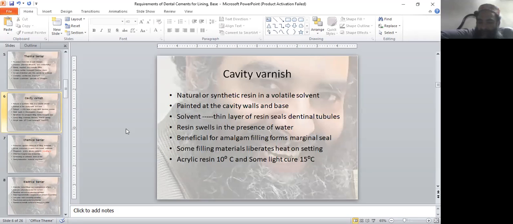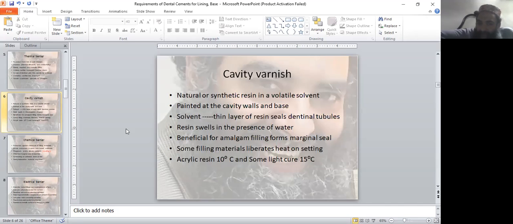Solvent goes to chase water as already described, and then it evaporates, or it carries the resin layer, and this resin layer seals the dentinal tubules.